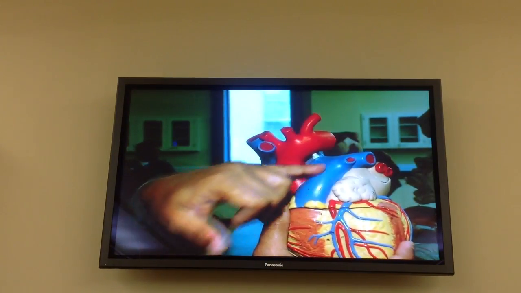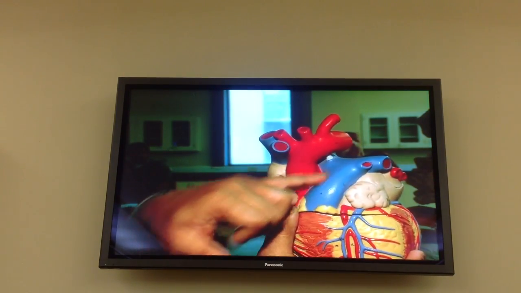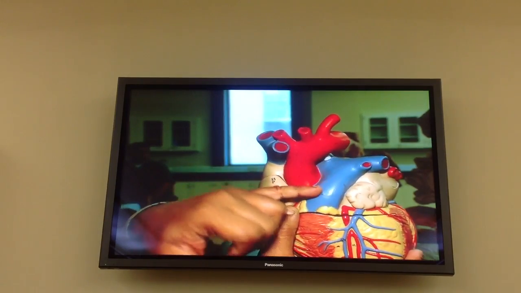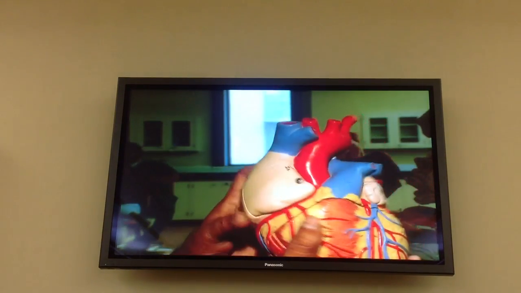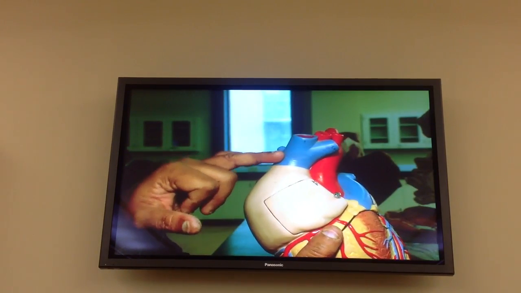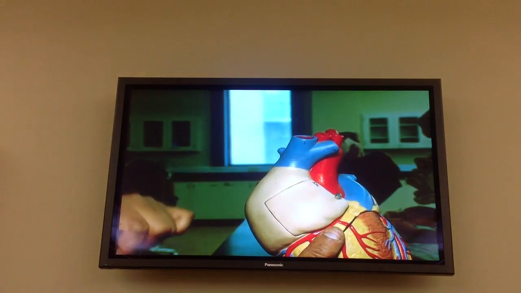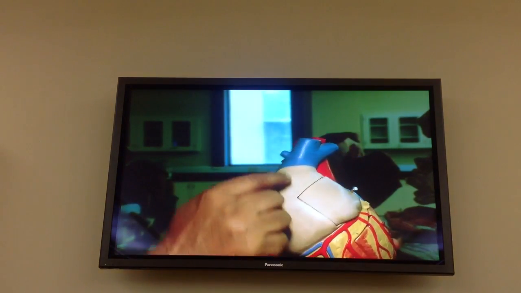This blue colored vessel is called pulmonary trunk. This is blue colored, another vessel is called superior vena cava. This one. Okay?